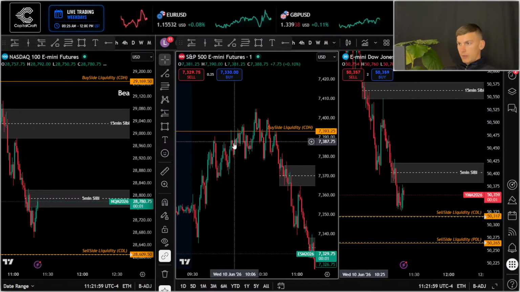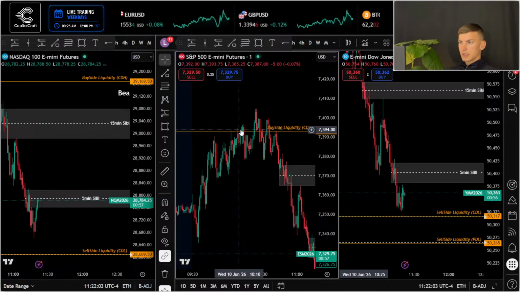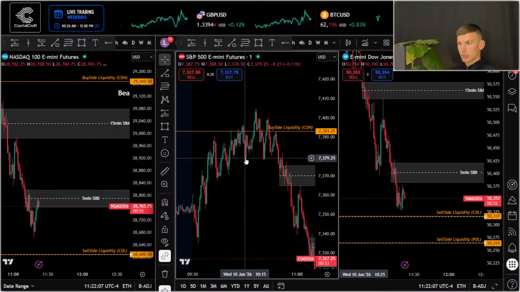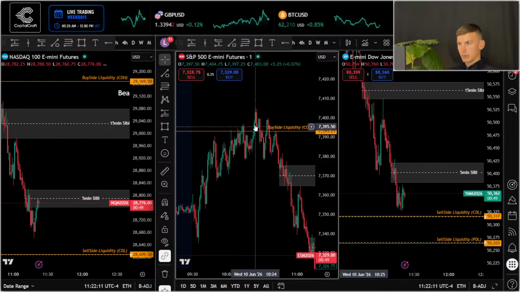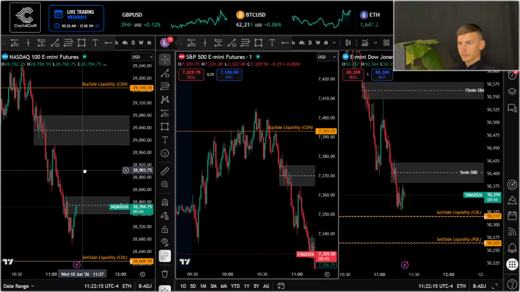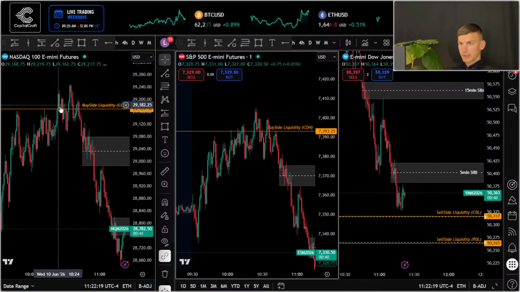Alright, so yeah, S&P hit buy side, then we changed the state and delivery, but the problem was when we changed the state and delivery here, we hit the buy side here.